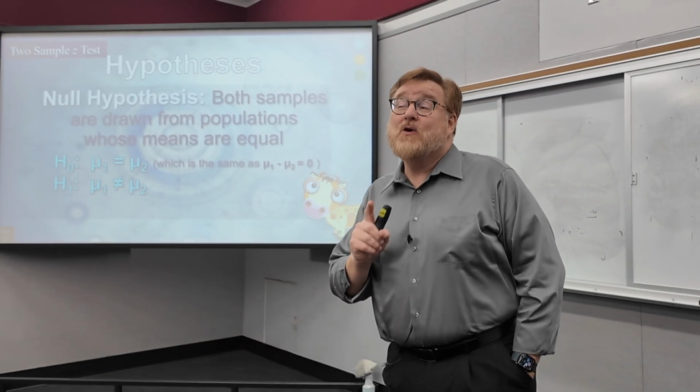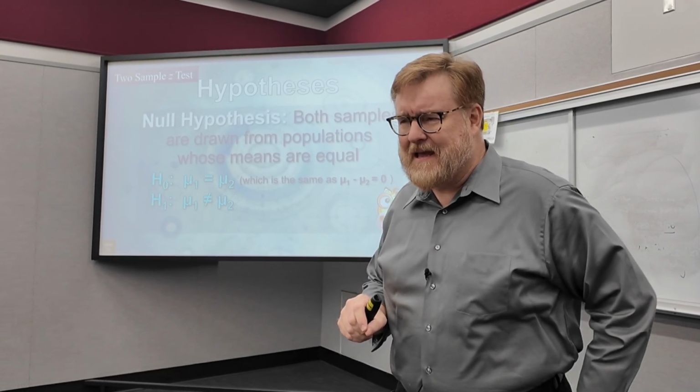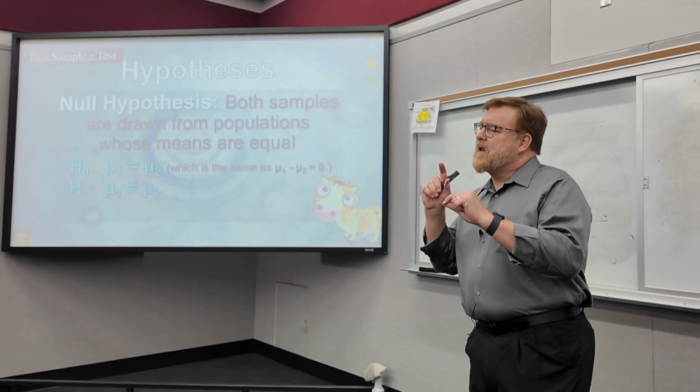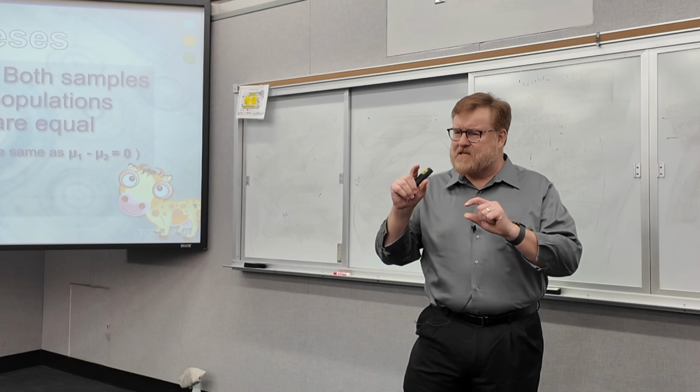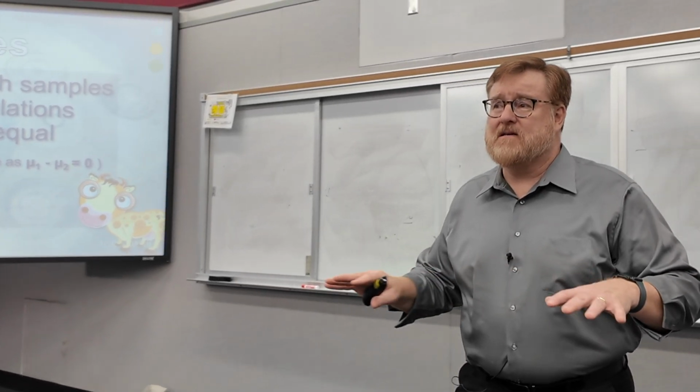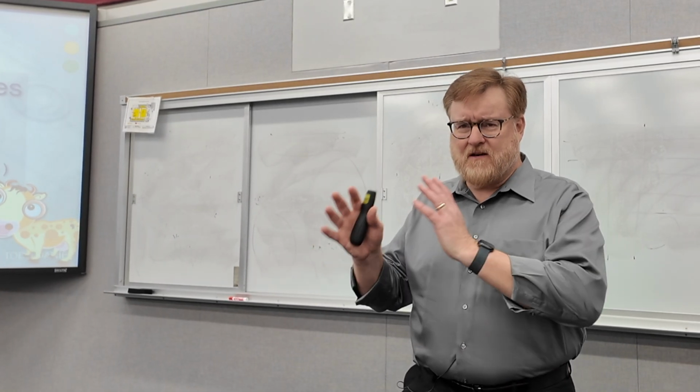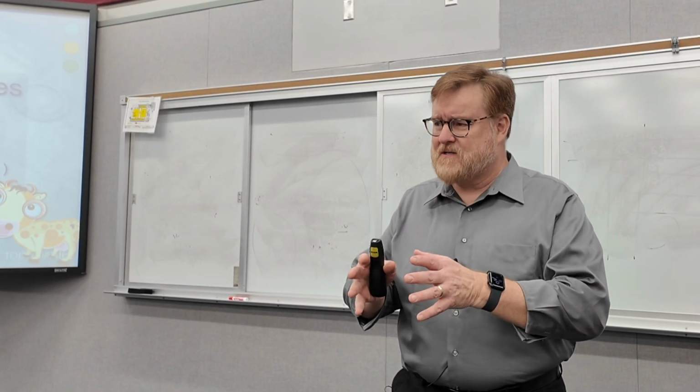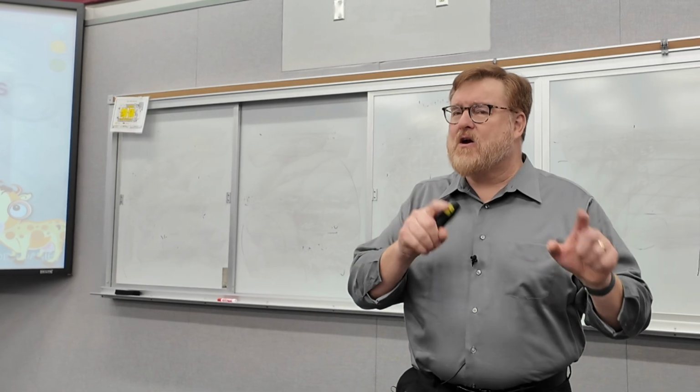Although, I could write this slightly differently. If mu1 and mu2 are equal, and I subtract one from the other, the difference between them should be 0. So if I have two things that are the same, the difference is 0. I could write it that way.